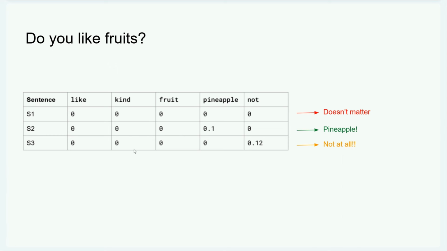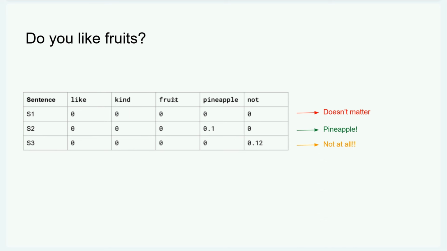Now let's say on this particular matrix, if I apply a threshold that, let's say, if like has all the TF-IDF values for this sentence, for this token as 0, I can simply remove it because it is not providing me any information. Similarly, for kind, I can remove it. For fruit, I can remove it.